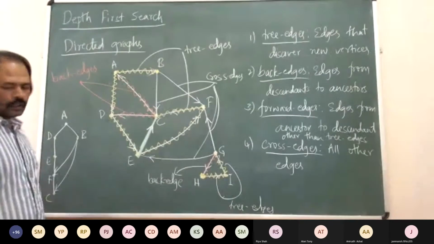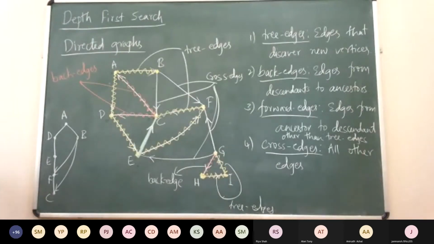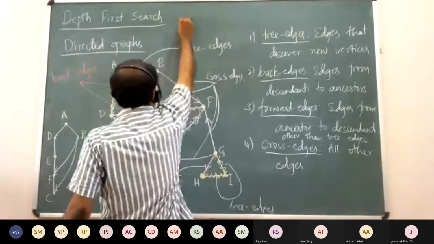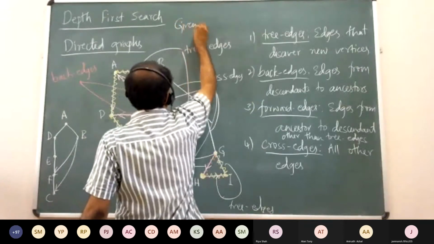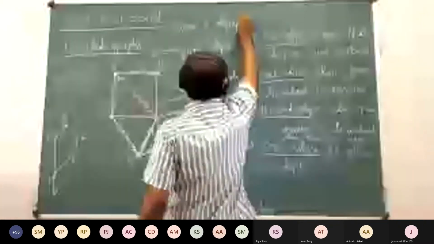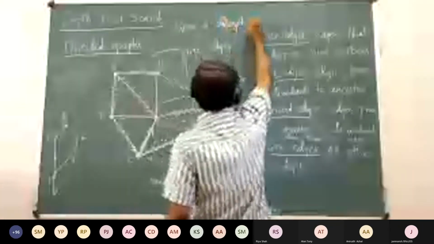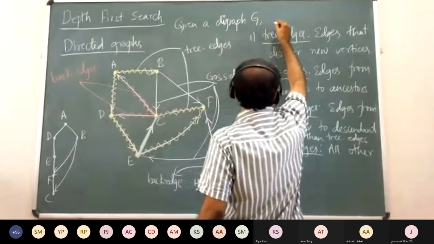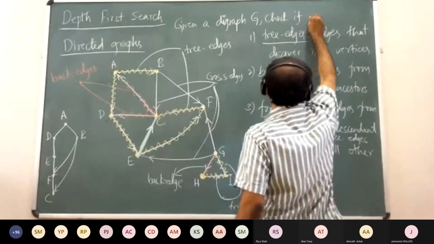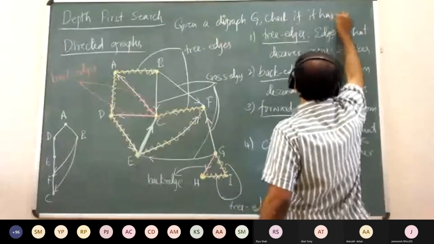Now we will again go back to the first problem we took. So given a directed graph, a digraph and directed graph are the same, we will use the same, G, check if it has a cycle.